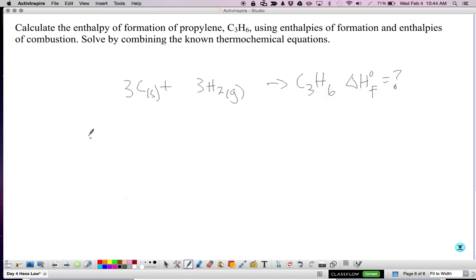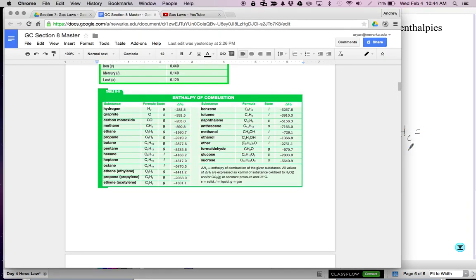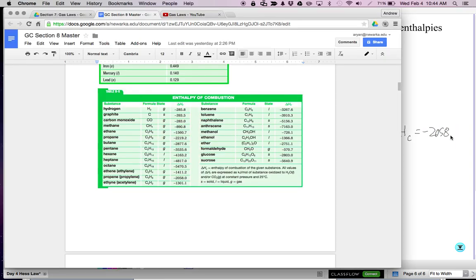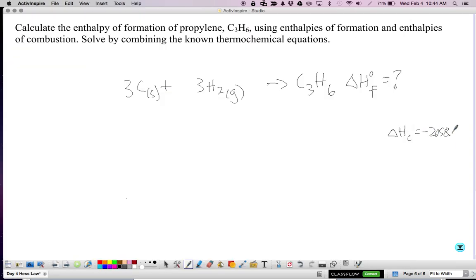So delta HC is negative 2058.0 kilojoules per mole. Now we've got to write this enthalpy of combustion equation. So this is C3H6.